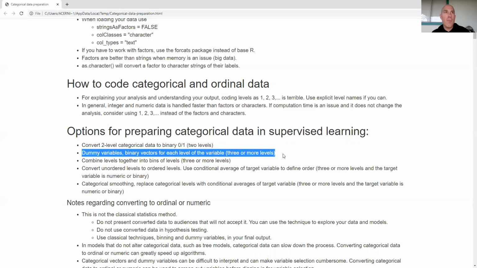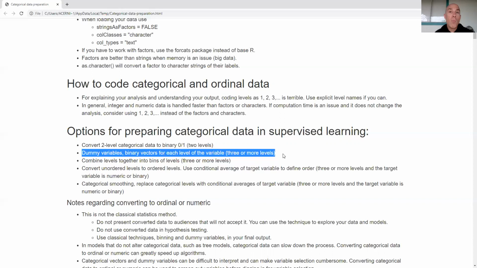Let's say I have red, blue, yellow as my categories. I'm going to create 3 minus 1, 2 dummy variable columns. I'll make a column for blue. If the vector is blue, then it's a 1. It's 0 if it's red or yellow. I'll make a column for yellow. It's 1 if it's yellow. It's 0 if it's red or blue.